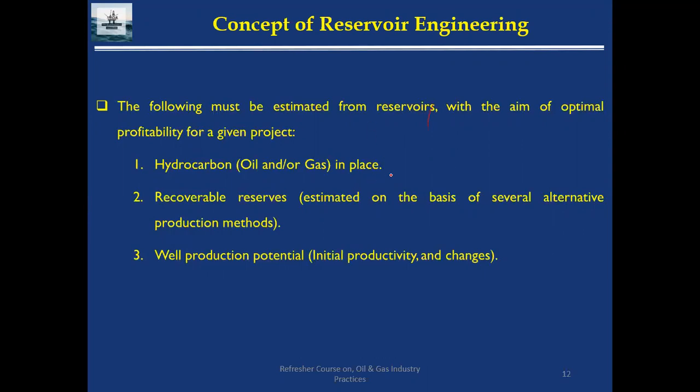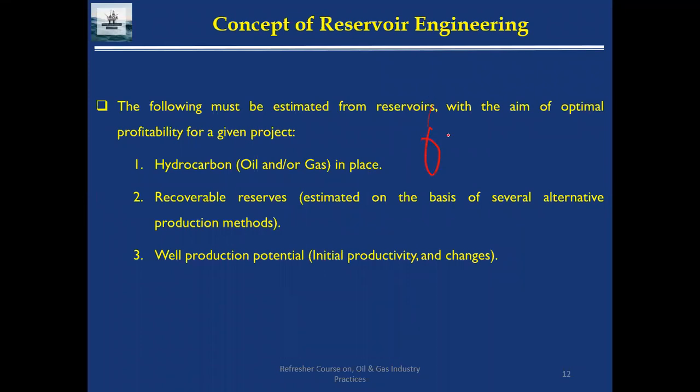Now, in order to decide the viability of those reserves, or the viability of the oil fields, we do certain calculations and estimations. One of the most common is the hydrocarbon in place, or oil or gas in place.